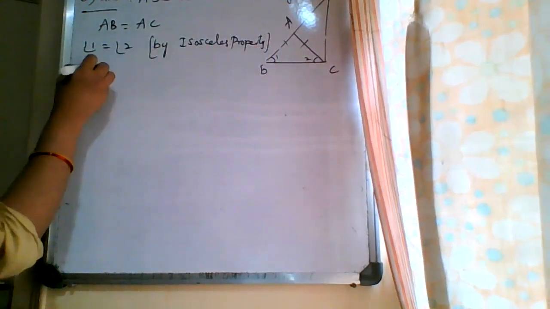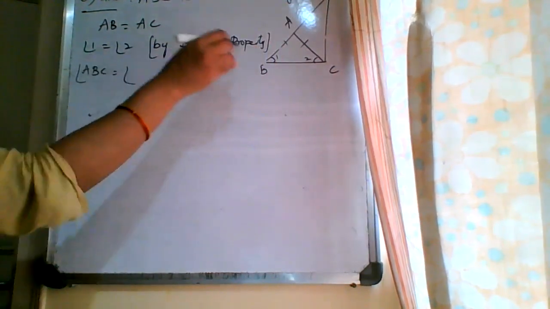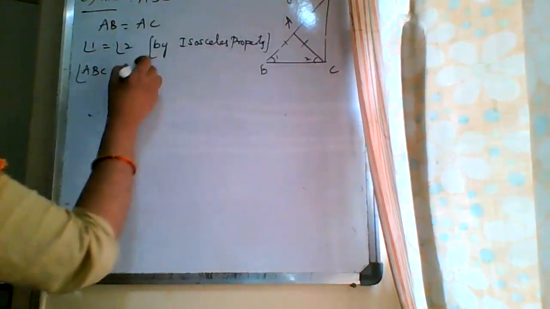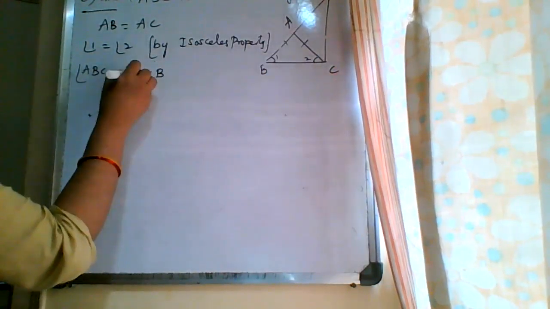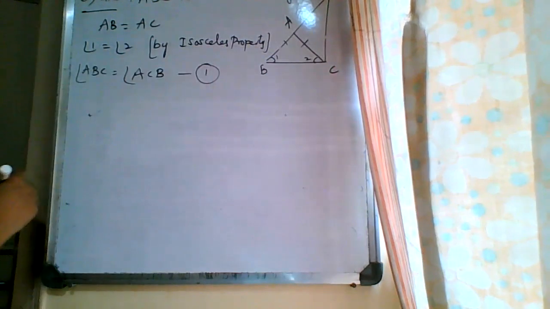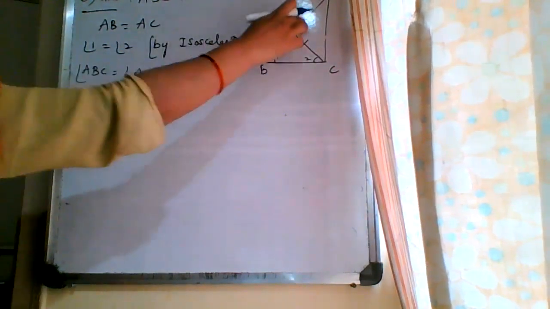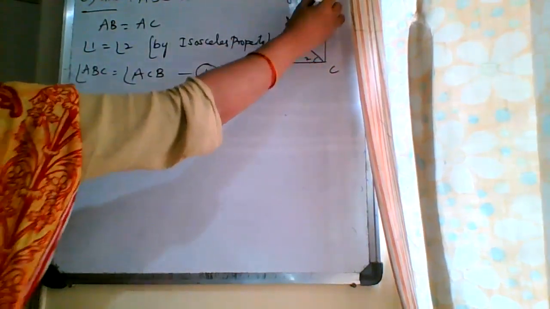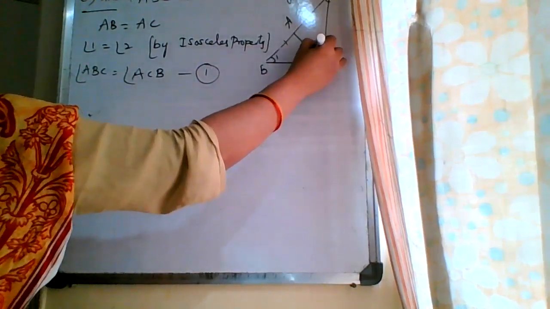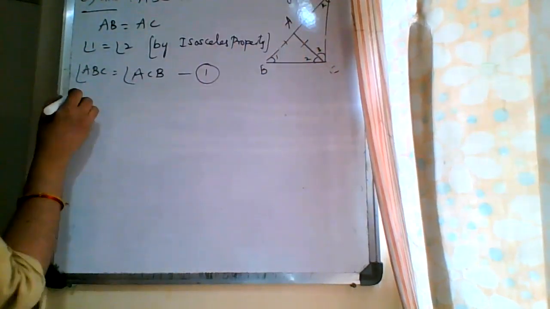Therefore, angle ABC is equal to angle ACB. Suppose this is equation 1. Now, in this triangle, these two sides are equal, which means these two angles are equal. Suppose angle 3 is equal to angle 4.